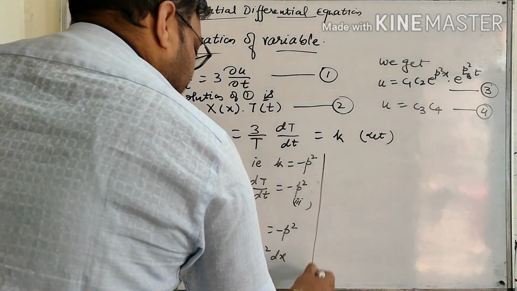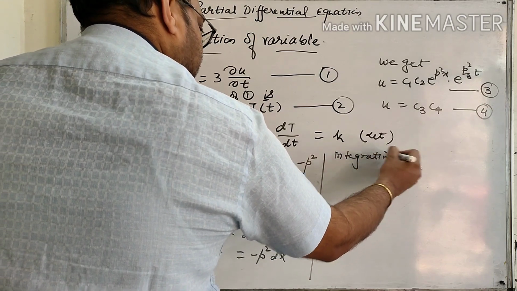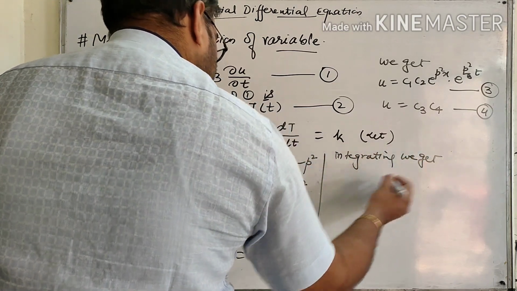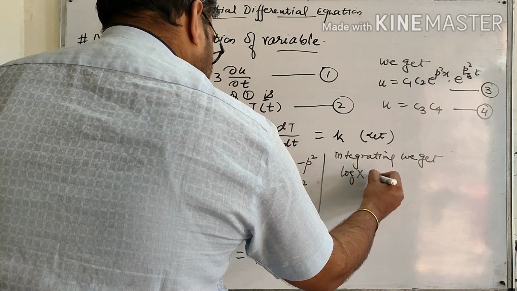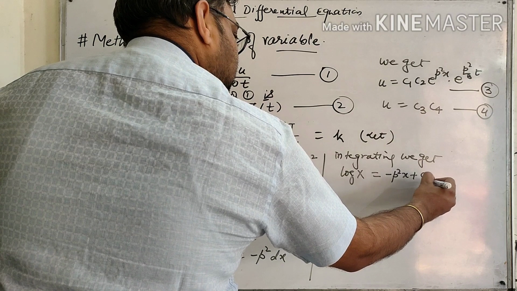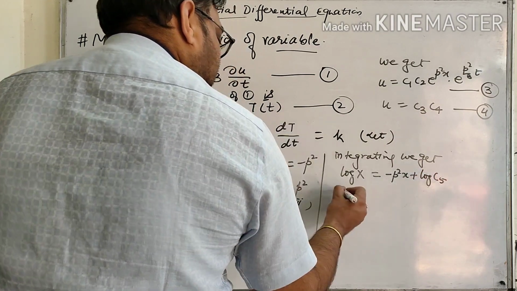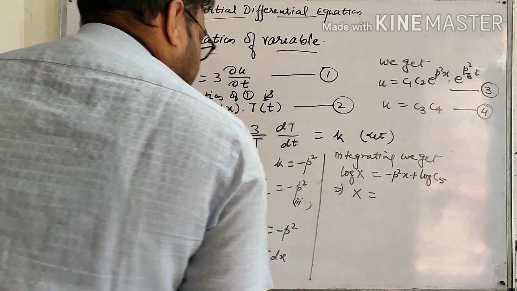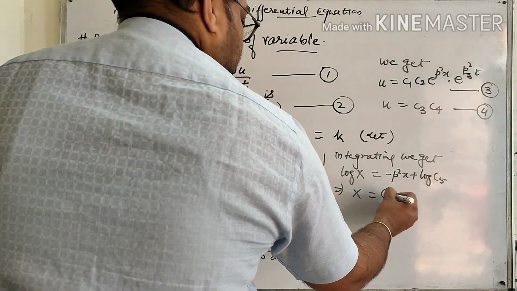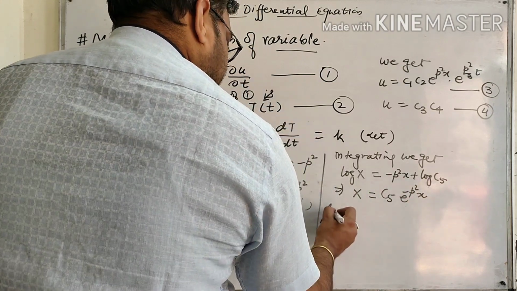So on integrating, we get log X equals minus p square x plus log c5, or we can write X equals C5 e raised to power minus p square x.